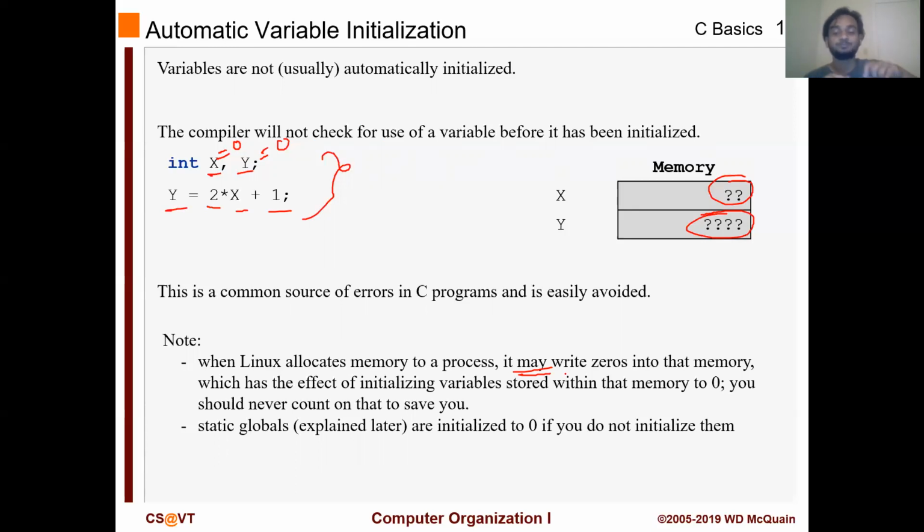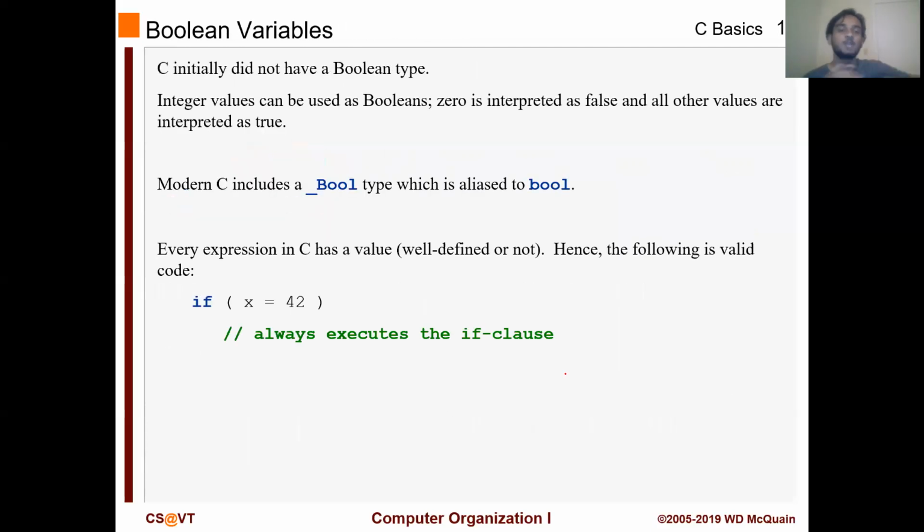So it may write zeros into the memory, which has the effect of initializing variables stored within that memory to 0, but you shouldn't be counting on that. If you do static global initialization, they are going to be 0, and you do not need to initialize them. We will be explaining what the static globals are later on.